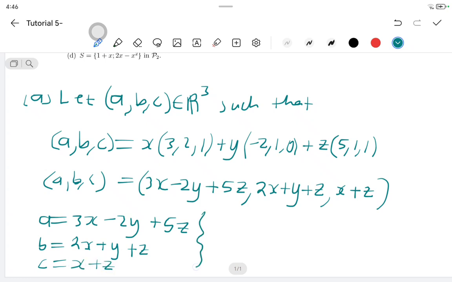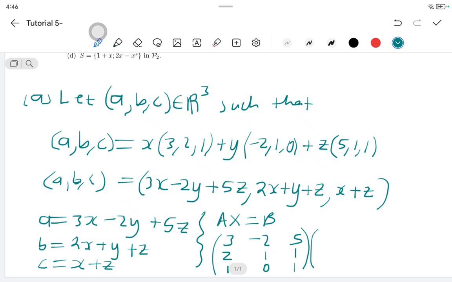Now this can be written in this format. Remember I said that we're gonna write it in this format, Ax equals b, which is the matrix with rows (3, -2, 5), taking these coefficients. You see right now? Then this is 2, 1, 1. Then this is 1. We don't have y, so it's 0 here. Then 1 here from z.